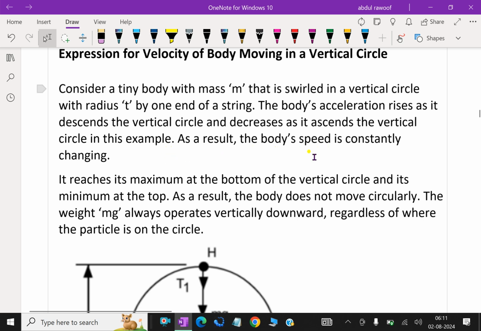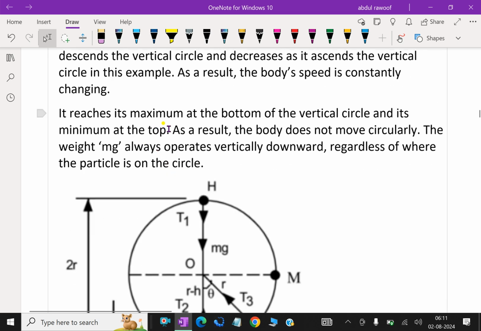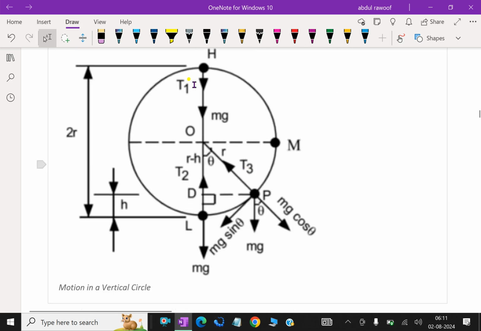As a result, the body's speed is constantly changing. It reaches its maximum at the bottom of the vertical circle and its minimum at the top. As a result, the body does not move uniformly. The weight mg always operates vertically downward regardless of where the object is on the circle.